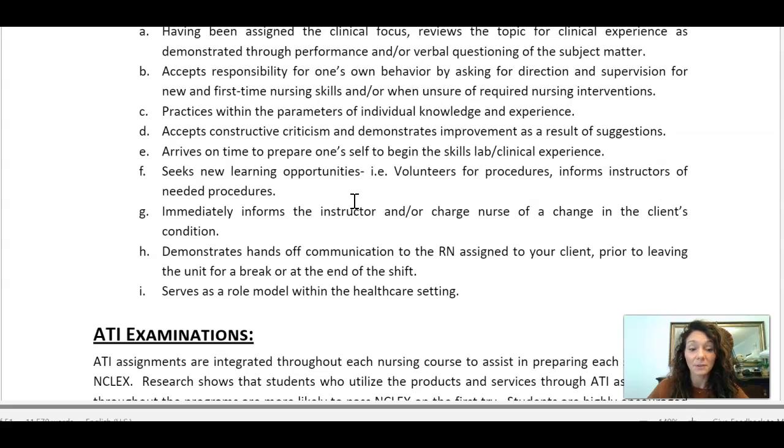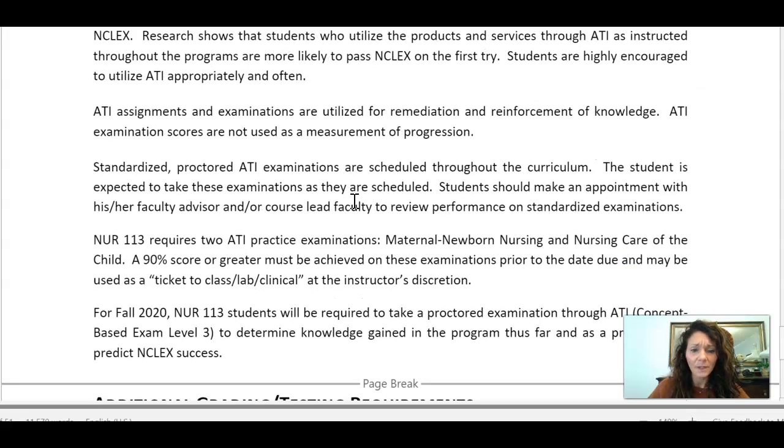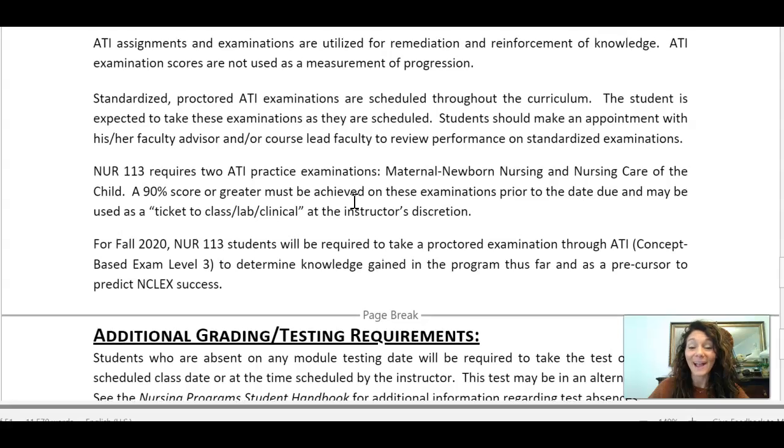They are pretty standard things from course to course. In this class, you are going to have one ATI proctored exam. There are some practice exams also for this course that you can do as well. I can open those up a little towards the end of the semester.